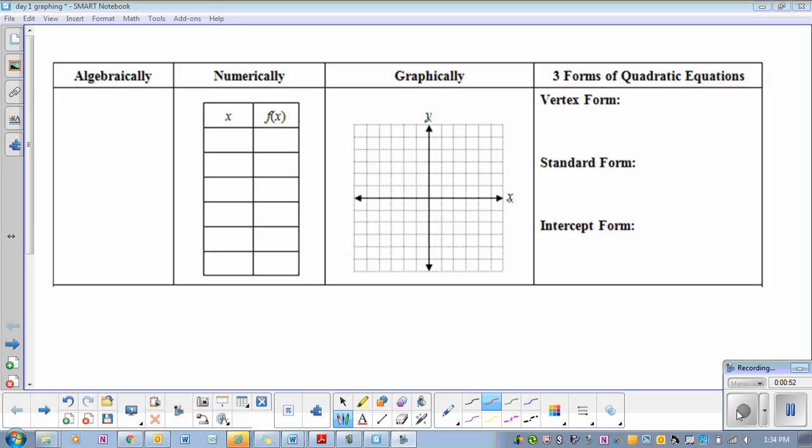A quadratic means that your biggest exponent is 2. So the most basic equation, or your parent function for a quadratic, is y equals x squared. Here's the great part. Anytime you have a y equals, you can plug it into your calculator.